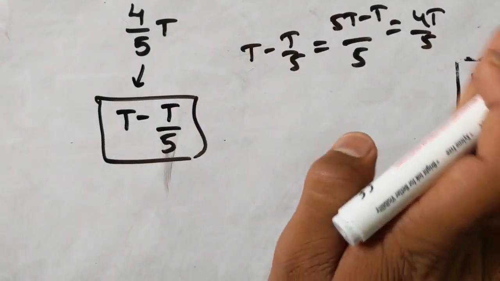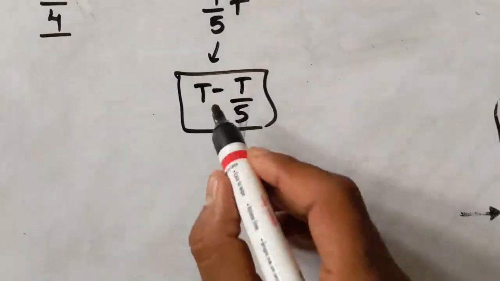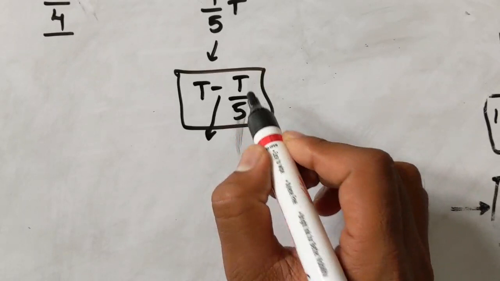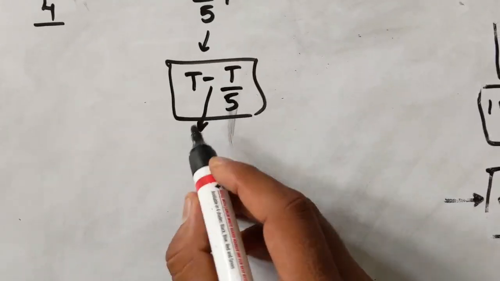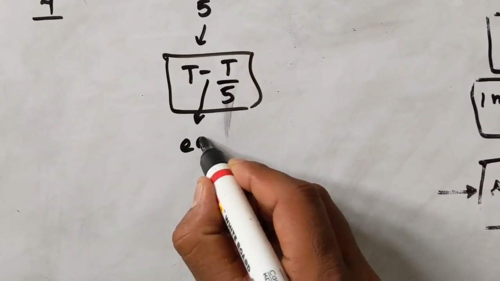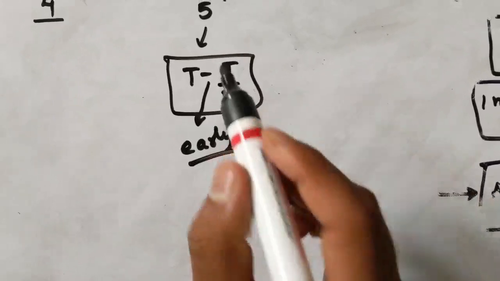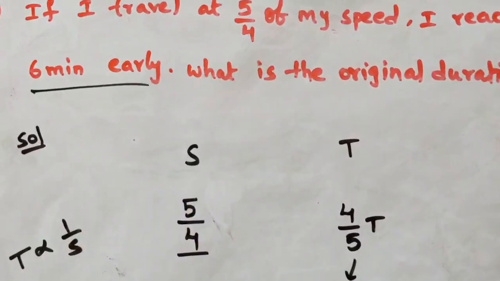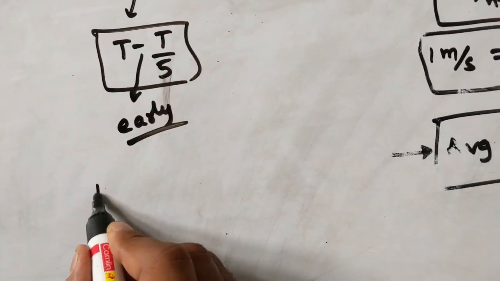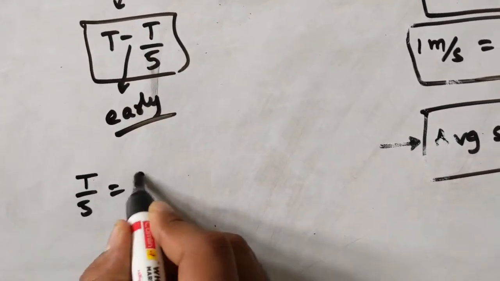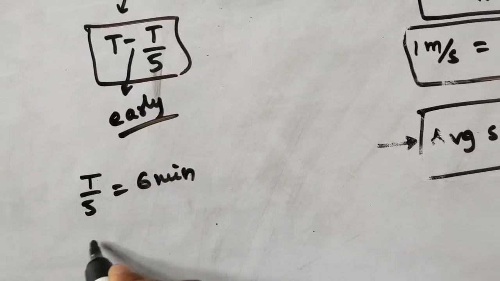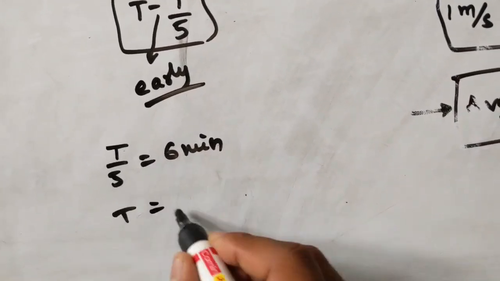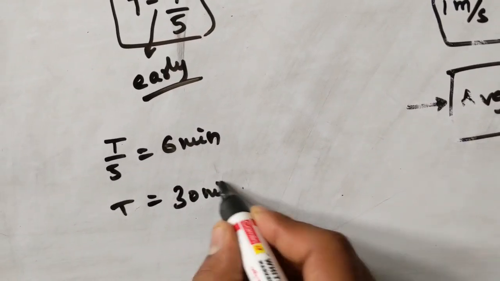Now here minus is coming. Total time is t, but minus t by 5 means we are reaching the destination early. How much early are we reaching? In the question they gave 6 minutes early. So t by 5 is equal to 6 minutes. So t is equal to 6 into 5, 30 minutes.